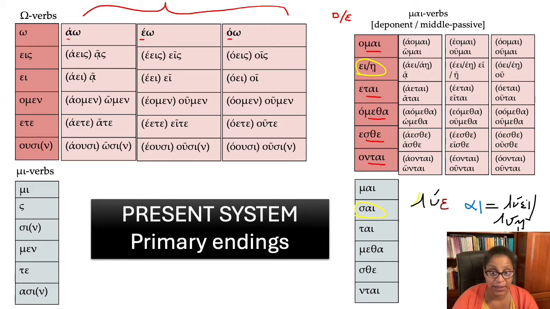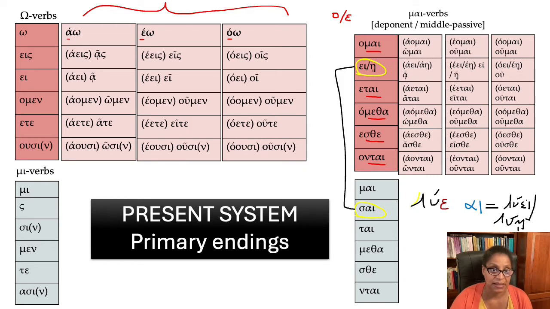Okay, so the point I'm trying to really stress is that this ending and this ending are what make the difference between these two, right? But what's really happening is that this just shows that the mi-verbs are just an older form of the way to conjugate Greek verbs.